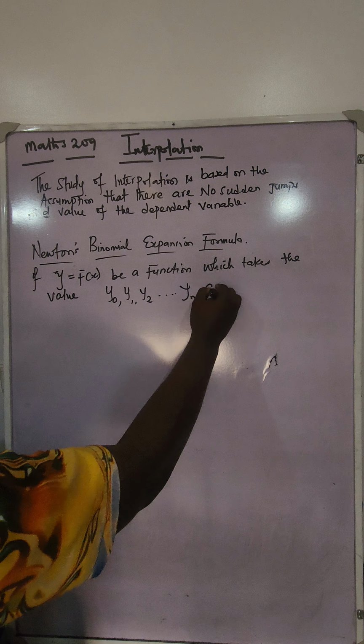So, on the table, our labeling starts in ascending order. But on the Pascal triangle, our labeling starts in descending order. So let me clean this part quickly.